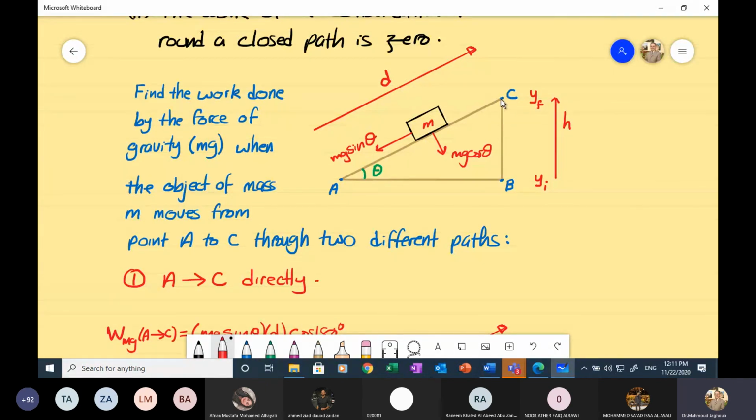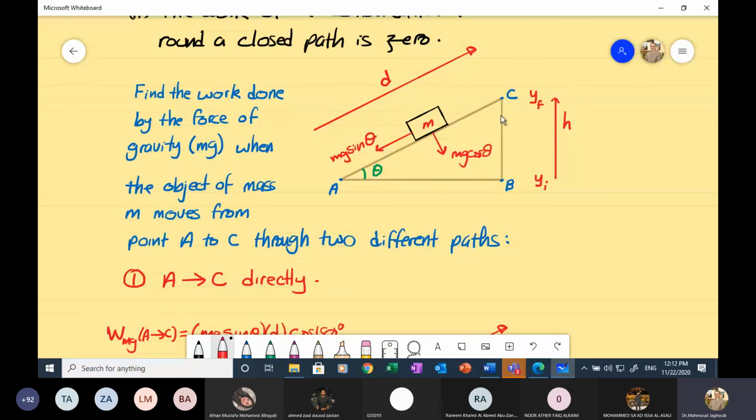So my first path is moving M from A to C. Of course, there is a force acting to move it, but I am not drawing this force because I am interested in the work of gravity only. So my first path is to go from A to C directly. Then I want to choose another path. Give me another path where I can go from A to C.